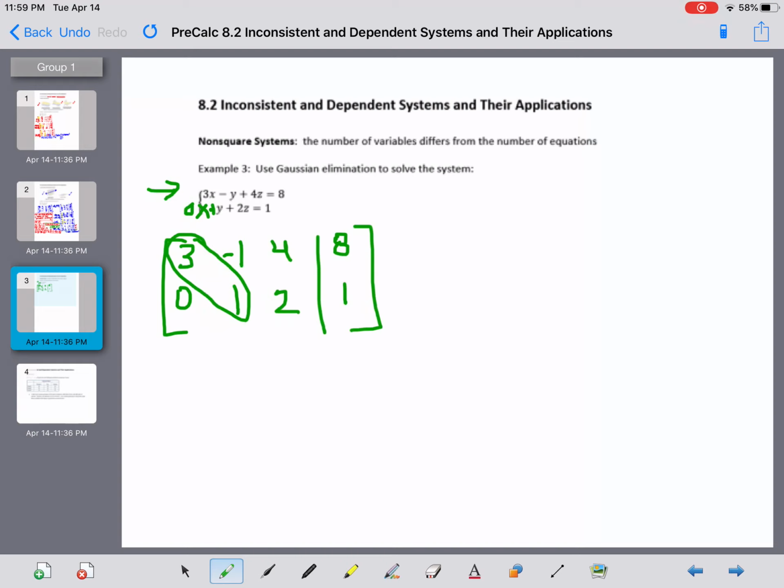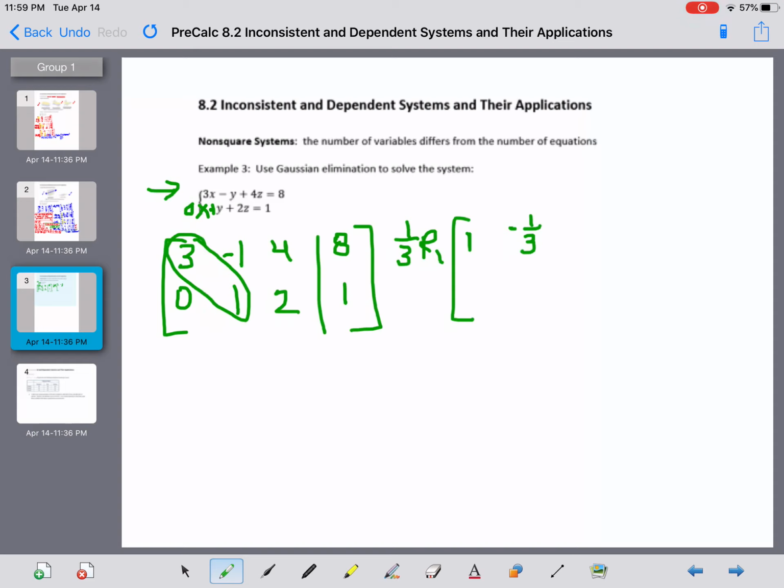So I think I'm just going to take 1/3 of my row 1. Didn't say it was going to be pretty, but we're going to do this. So I'm going to take my row 1 and divide by 3 and find out what I have. 3 divided by 3 gives me 1. -1 divided by 3, not pretty. I'm going to leave it -1/3. And stress, do not transform it, especially by rounding it. Leave it as that fraction.